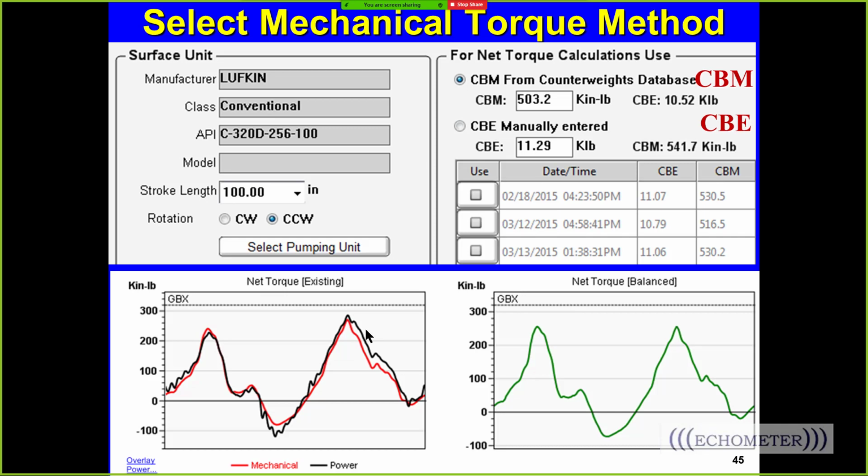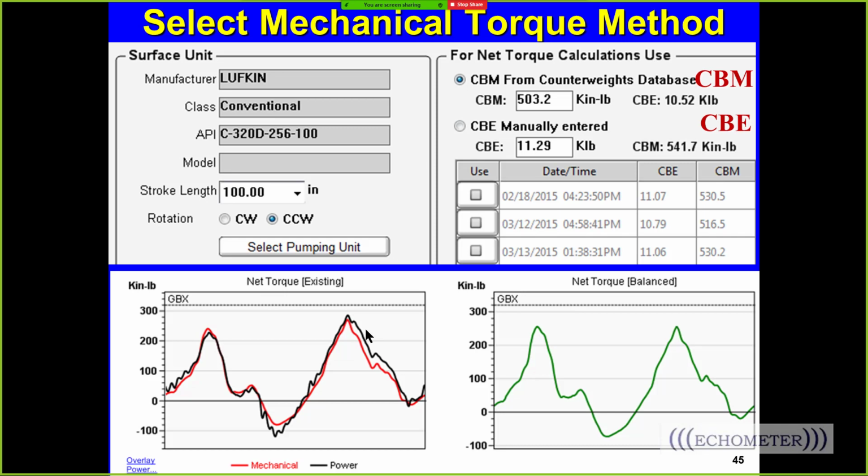Echometer needs to type that in. Yeah, the unit library is modifiable. You can edit it by adding units, and you will need the dimensions. Crank and counterweights is a different story.